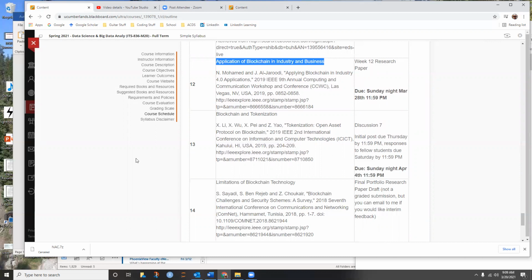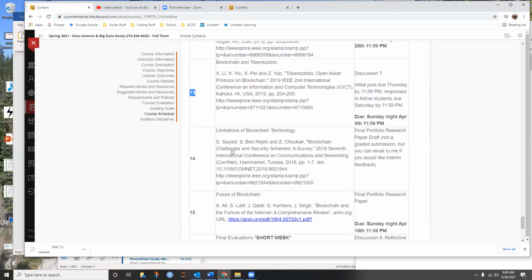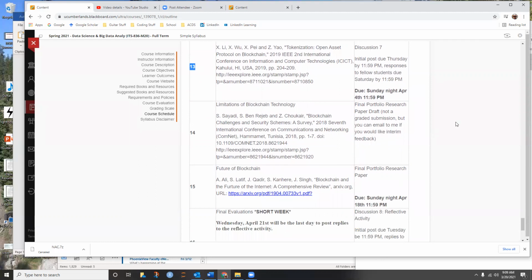Okay. And then next week, we have a discussion on this thrilling topic, blockchain and tokenization, for week 13 here. That's kind of it, the future and limitations here.